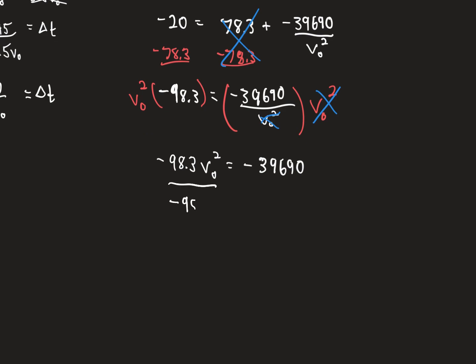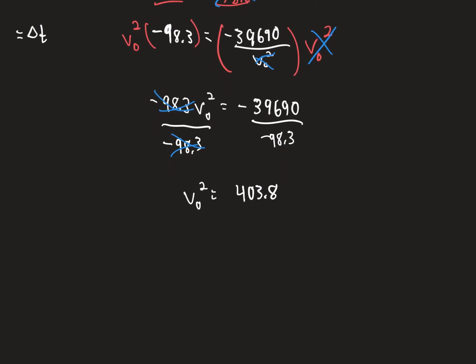Divide by negative 98.3, and you get 403.8. And then what do I do? Square root of both sides. And I get V naught is equal to 20.1.